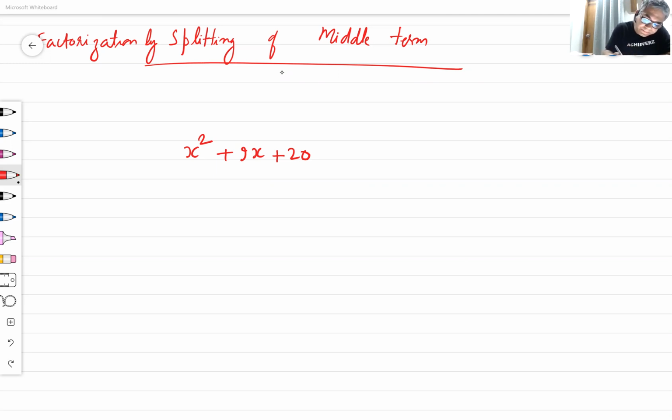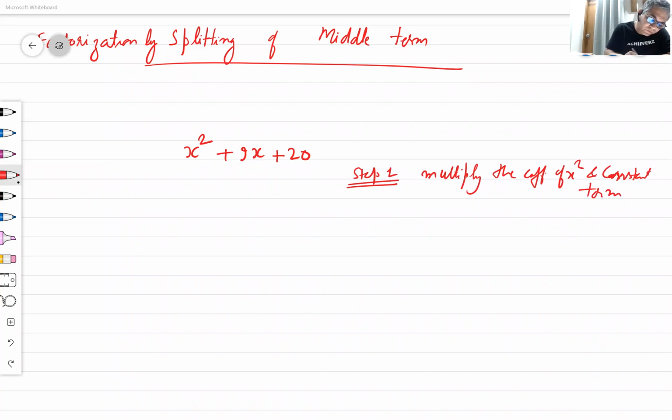So first, step 1, multiply the coefficient of x square and the constant term. The coefficient of x square is 1 here because there is nothing written with the x square, and the constant term is 20.